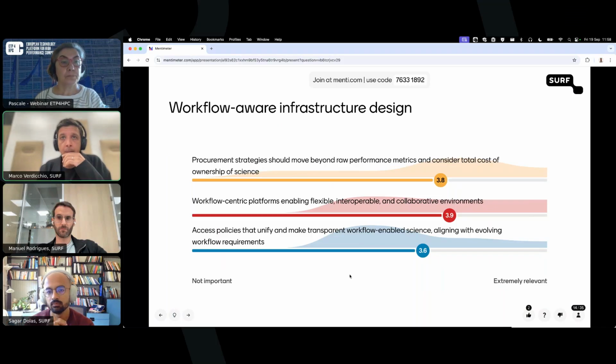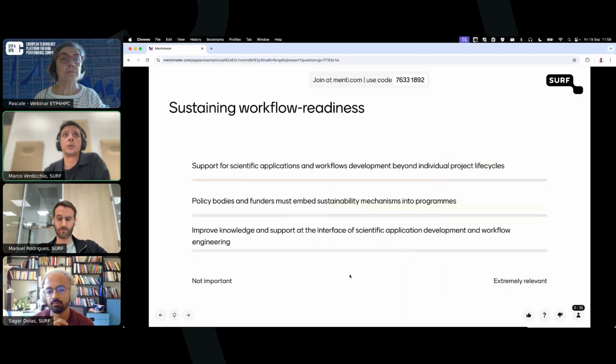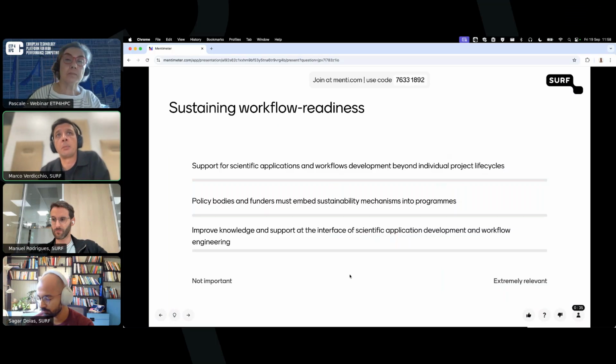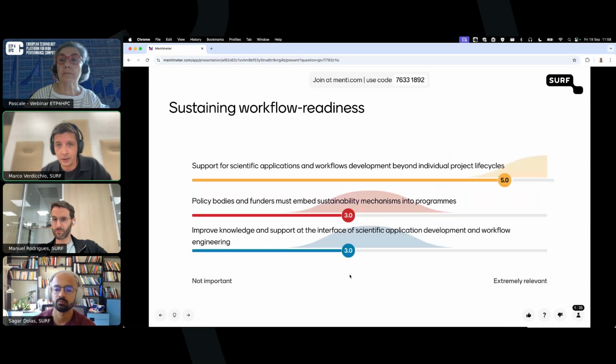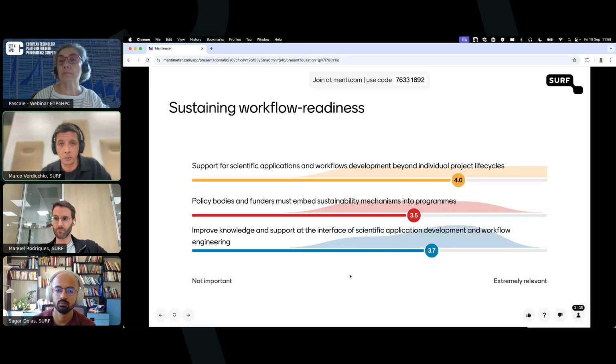Okay, then thank you. The last recommendation group is on sustaining, maintaining, and promoting workflow readiness. So support for scientific applications and workflows beyond the individual project life cycle. This applies in general to all applications, but is especially important for workflows when you have multiple components.